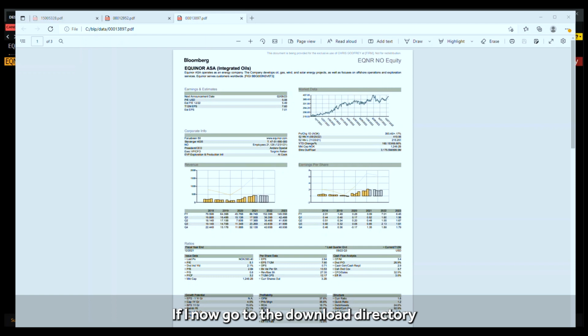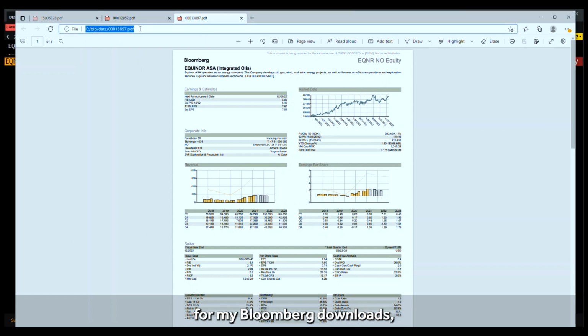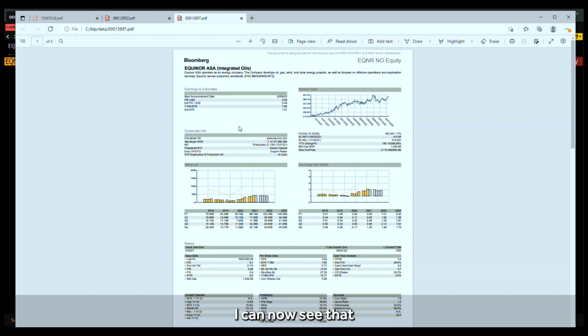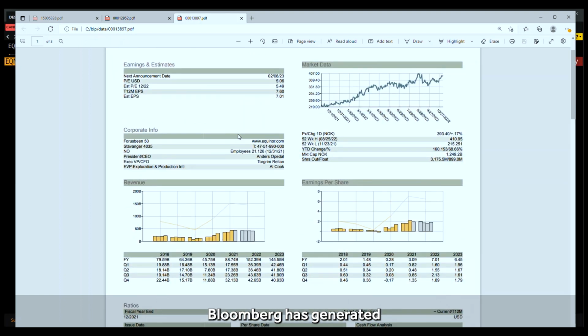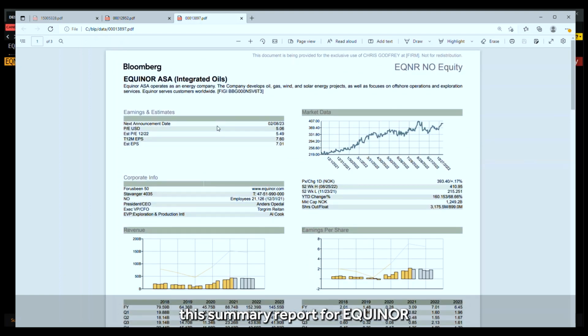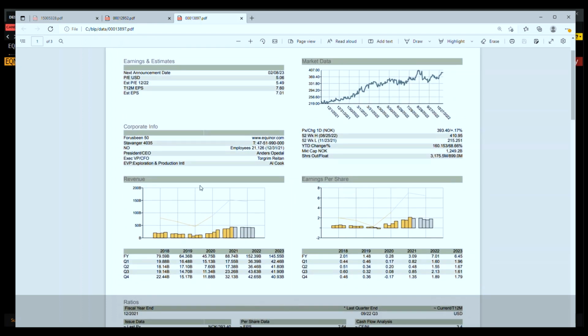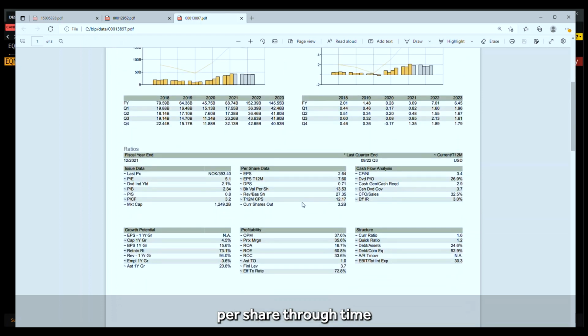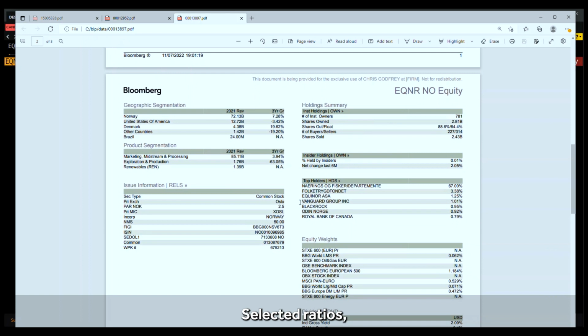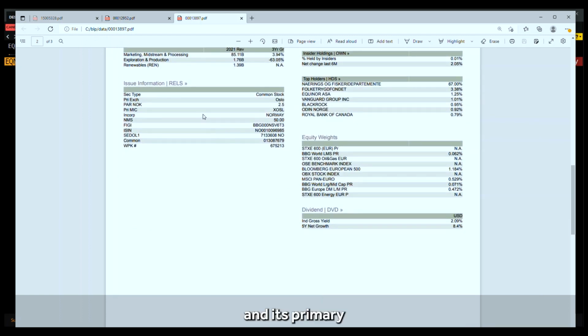If I now go to the download directory for my Bloomberg downloads, which in my case is CBLP, I can now see that Bloomberg has generated this summary report for Equinor, listing earnings and estimates, corporate info, a share price graph, revenue and earnings per share through time, selected ratios, geographic segmentation, holdings, top shareholders, and its primary listing.